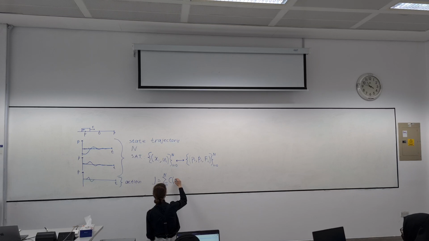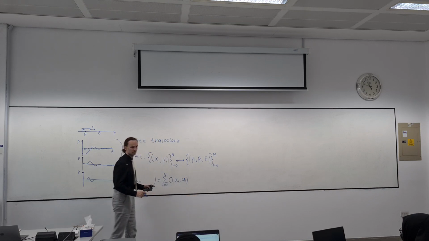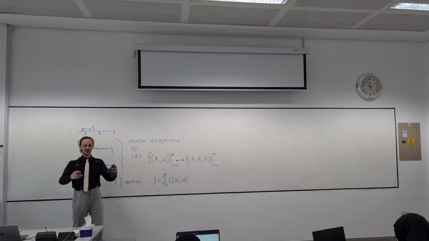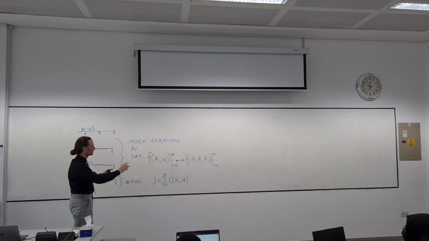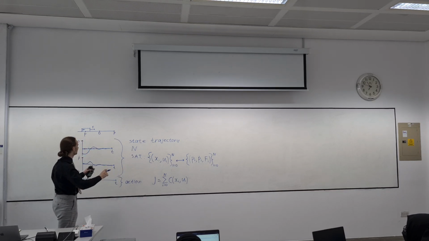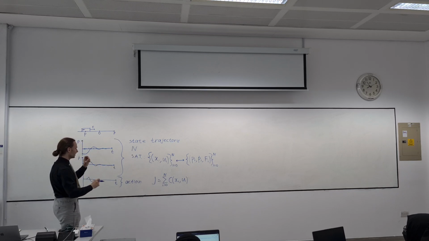Some kind of a function of x sub i, u sub i. Please give me feedback if it's clear or not. And you can keep doing that all the time, so I will understand the situation better.